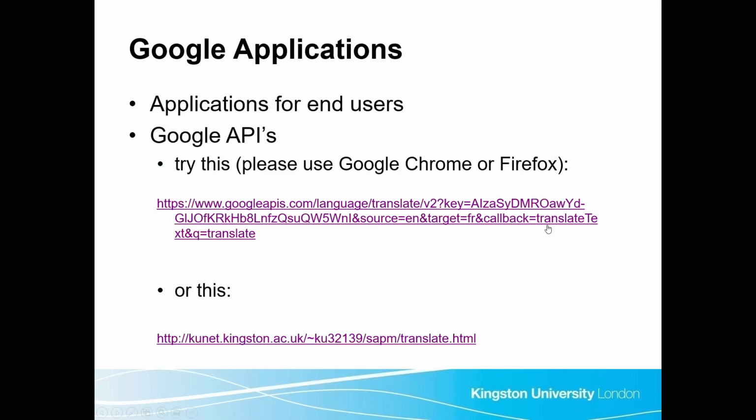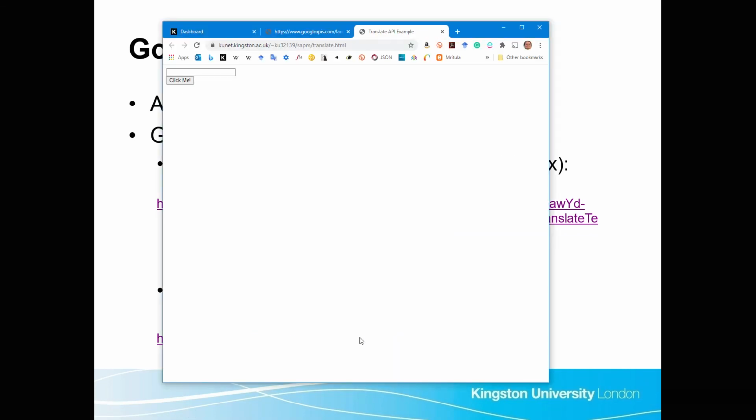Another similar example is here. This is a very simple application making use of a Google web service. So I can now type translate, click on the button, and it provides the translation traduire.